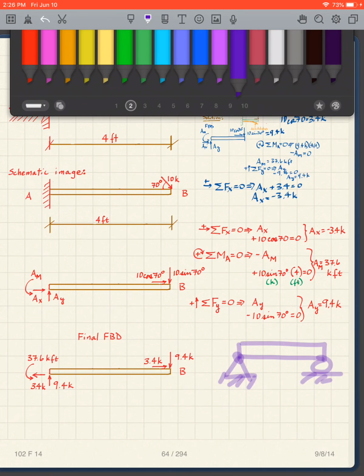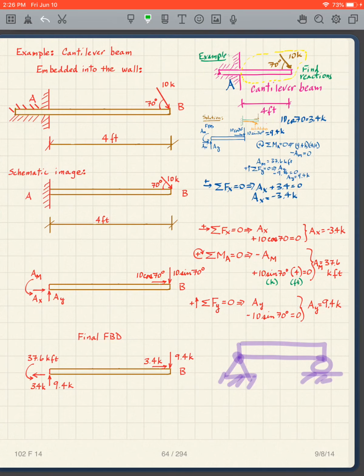If I draw my free body diagram through here to make my dashed loop, what do I see? I make a cut through a hinge. That means I have a horizontal and vertical force. When I make the cut through here, I have just a vertical force.